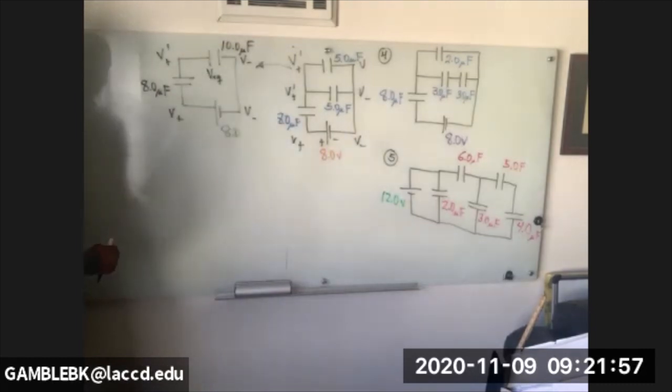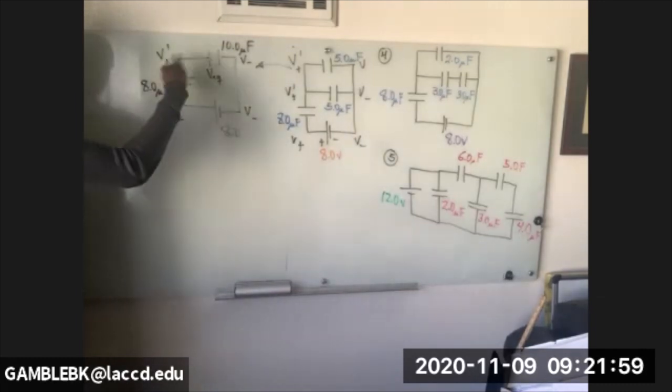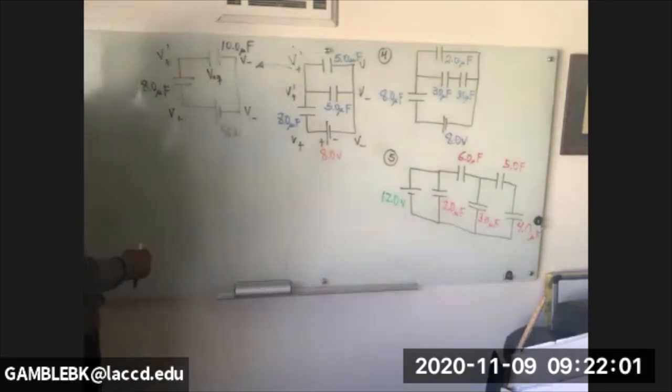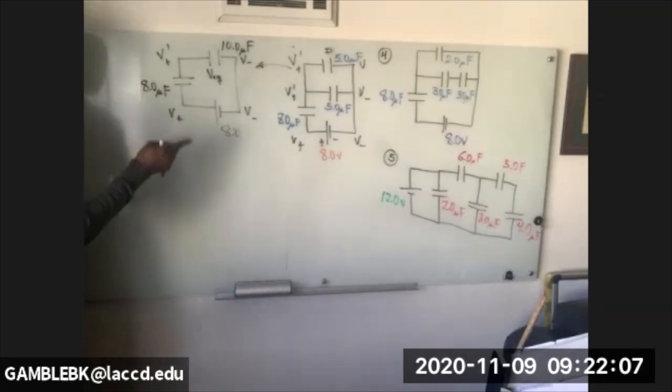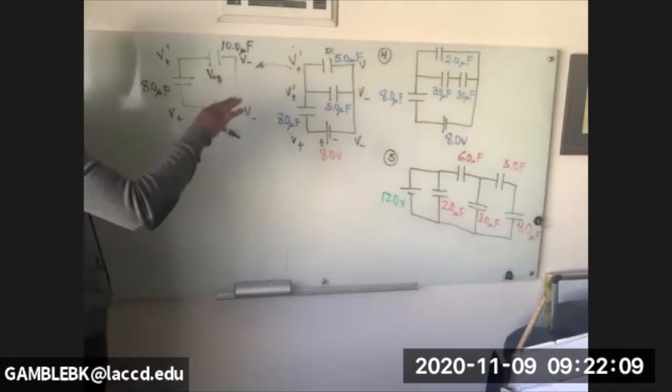And these add reciprocally to get the equivalent resistance or equivalent capacitance here. So the equivalent capacitance for this is going to be 1/8 plus 1/10, and take the reciprocal of that.